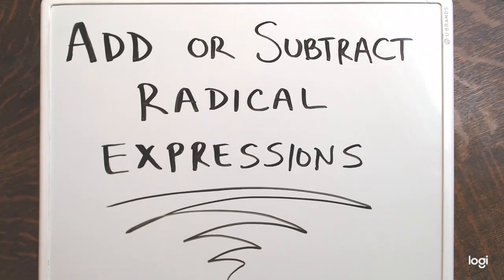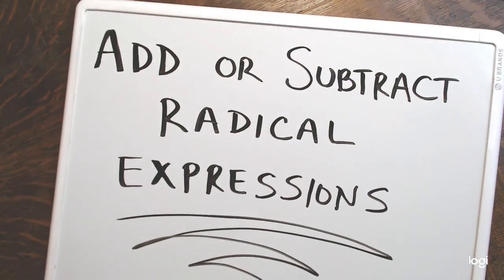We have something very similar here. On my first page, I'm going to discuss when we can actually add or subtract radical expressions, and then the following pages will have several examples.